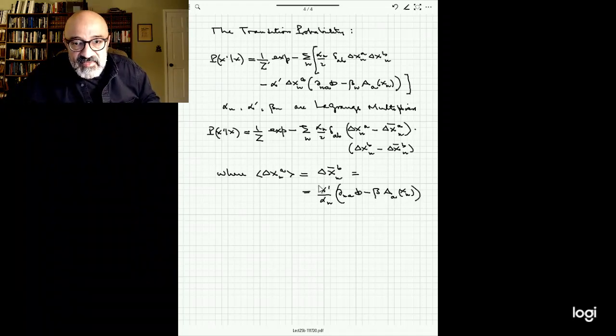So this quantity delta x bar is just the part that comes from the two constraints.